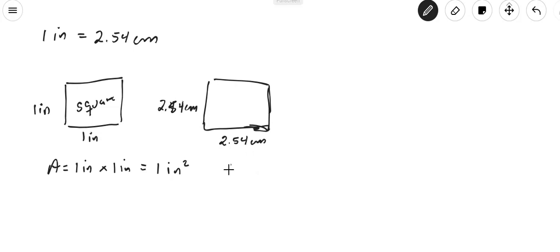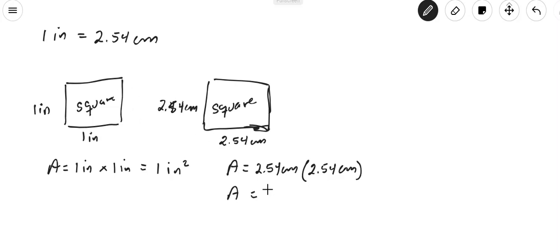So I'm going to say that the area in this case of the square, because the four sides are equal, is going to be 2.54 centimeters times 2.54 centimeters. So we multiply them, and 2.54 times itself is approximately 6.45 square centimeters.